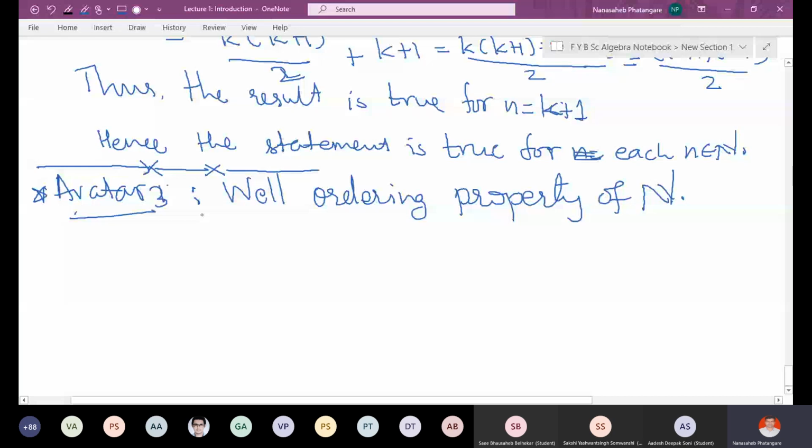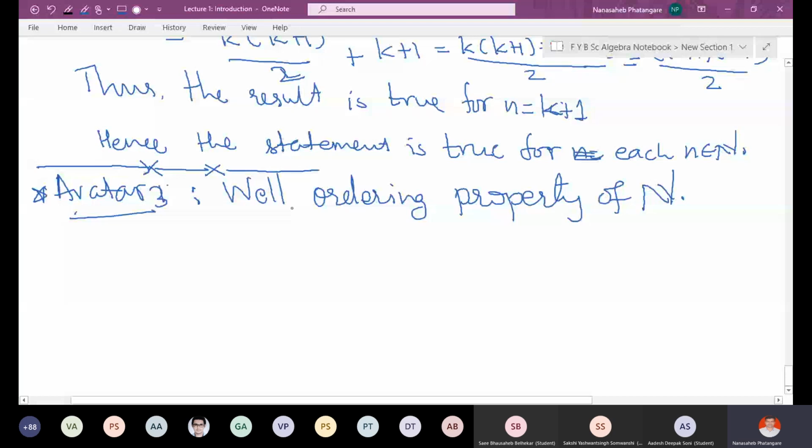And how to prove it? That is again not difficult. You just find any set theory book and you see the proof, or if time permits in some practical sessions we will try to discuss this also. As far as our course is concerned we are not supposed to discuss this, but as a part of it is related to our syllabus, at some point of time we'll try to discuss it.